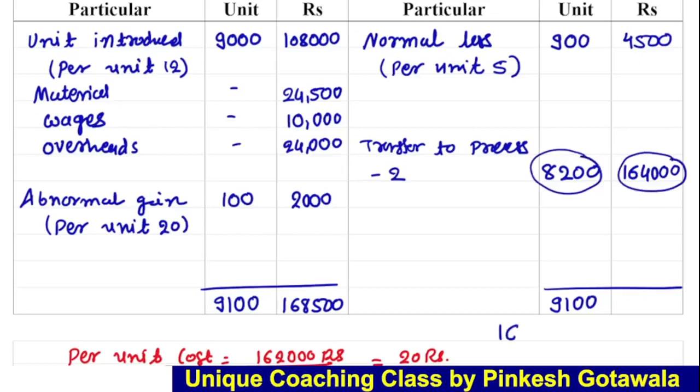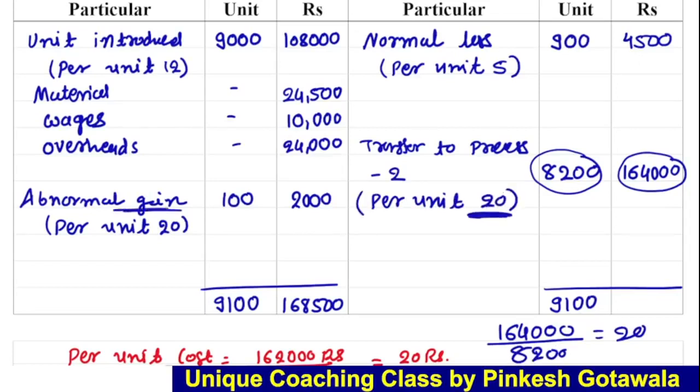Here 1,64,000 divided by 8,200, find out per unit, you will get 20 rupees, and it will be the same as the per unit abnormal gain. So remember, whatever per unit cost comes for gain or a loss, it will be the same for transfer to the next process.